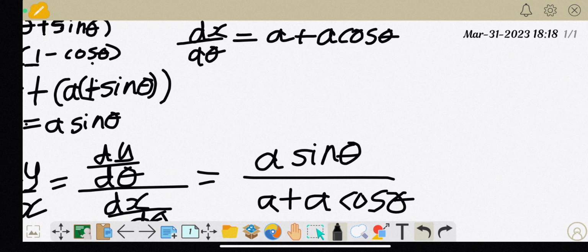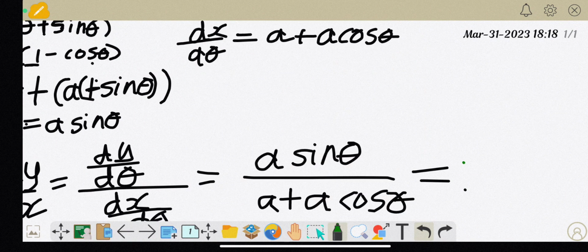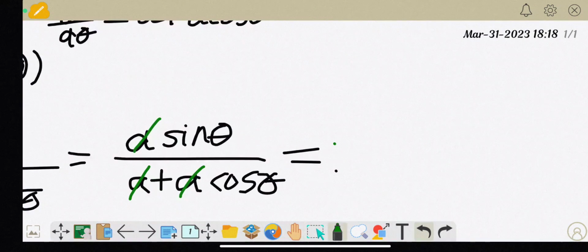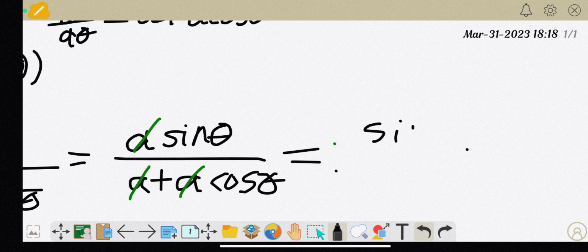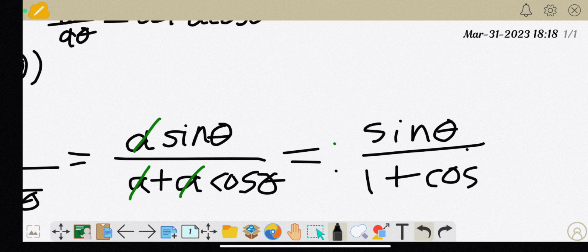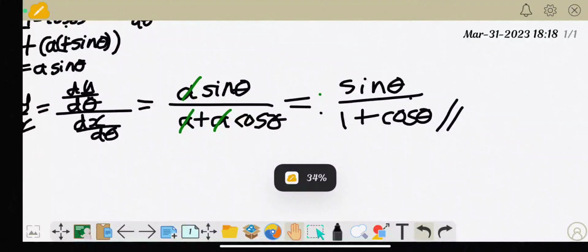Then later, a is common, so we can cancel a. Remove a common out and then cancel. What will remain is sin theta divided by 1 plus cos theta. If you leave your answer till here, it's more than enough. But if you want to solve it further, you can.